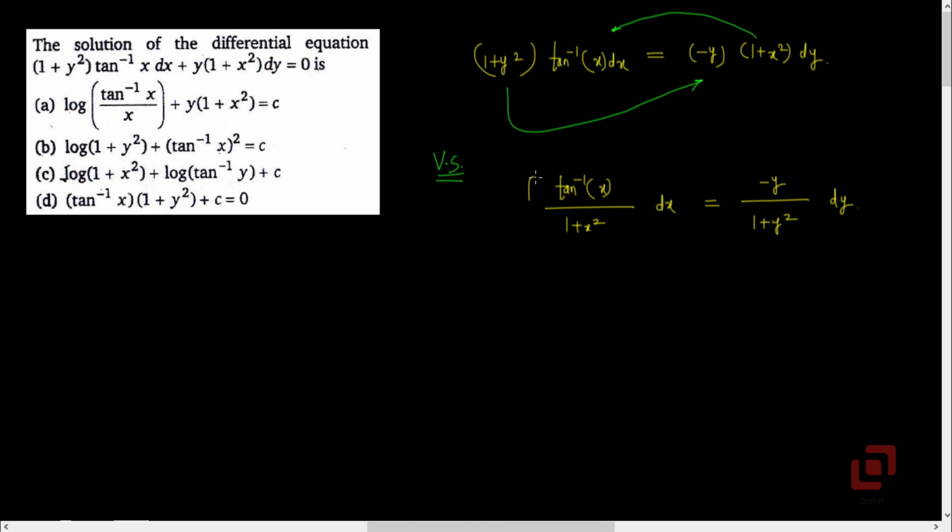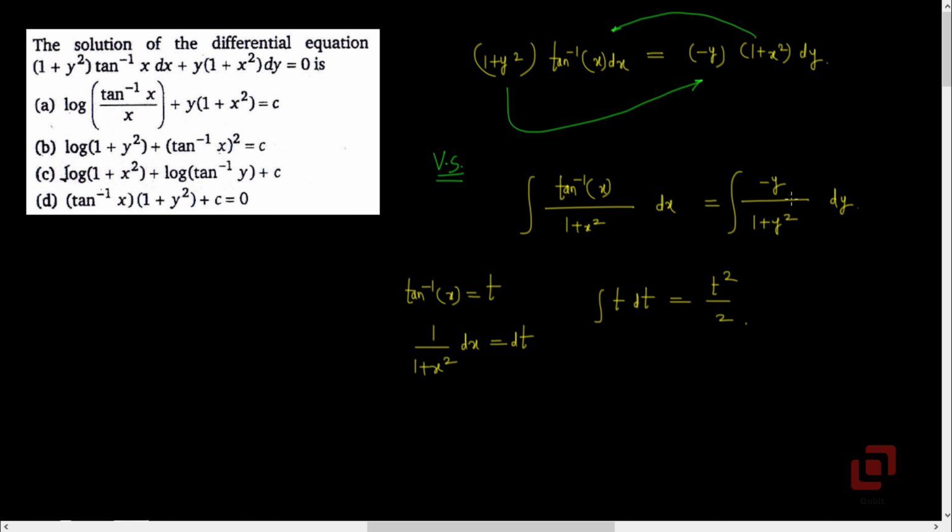We now integrate both sides with respect to appropriate variables. Both sides demand use of integration by substitution. If we let tan inverse of x as t in the left hand side, then 1 upon 1 plus x squared dx will be dt. So the left hand side will then be equal to integral of t dt, which will be t squared by 2.